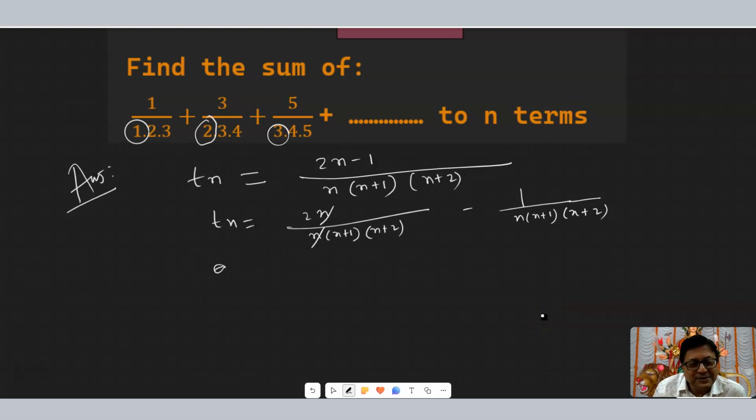Okay, let me simplify. Let me go a bit slow for you. You write this one as n plus 1, n plus 2. Even for two terms you can use the approach. That 2 you keep outside. 2 by n plus 1 and n plus 2, you keep outside. Inside, you will write in the numerator the difference of those two. See, we have done it for 3 terms.